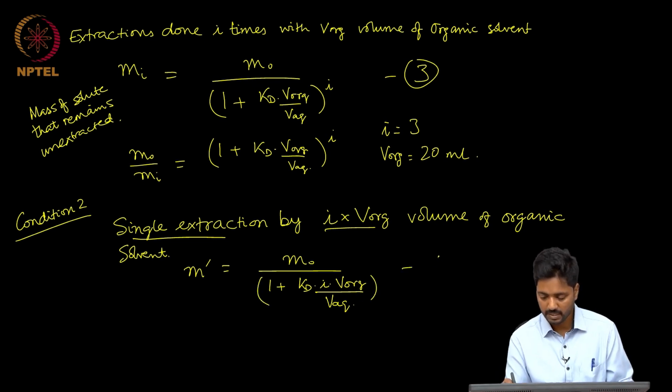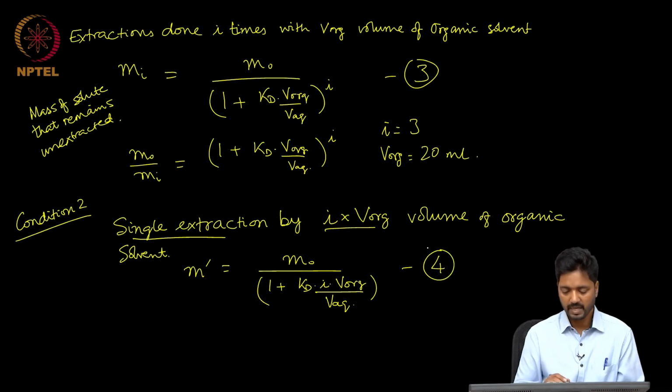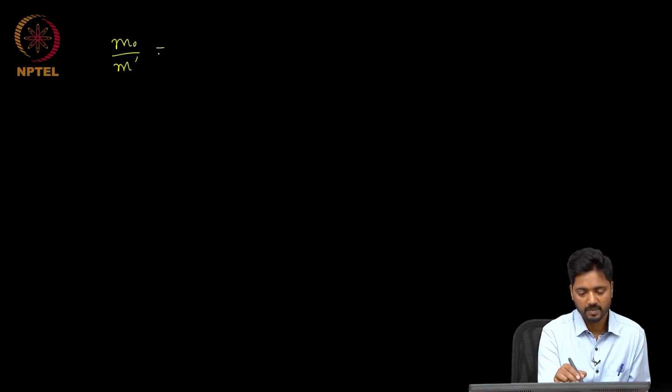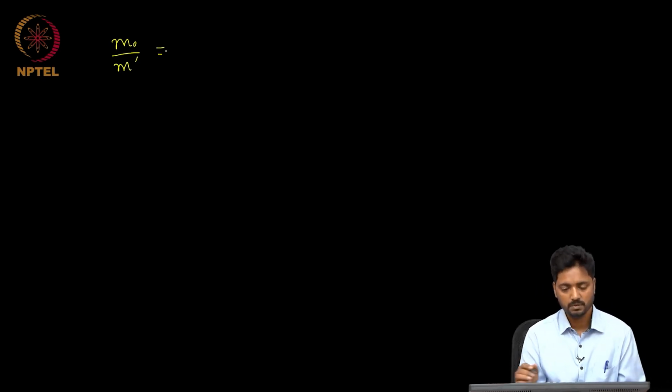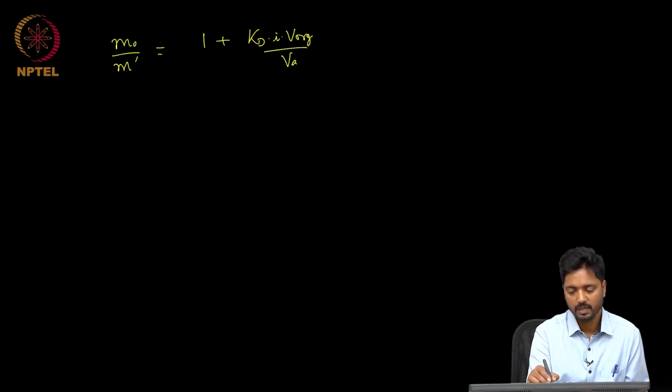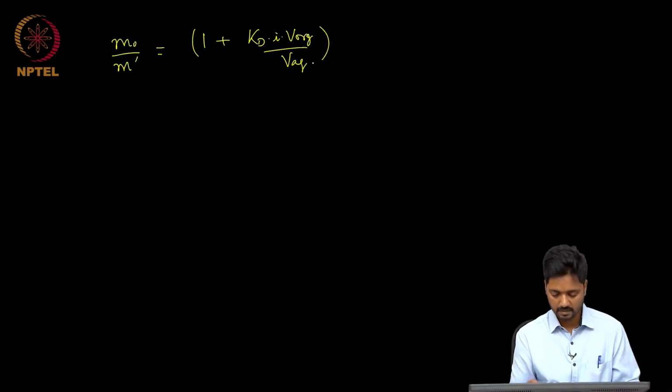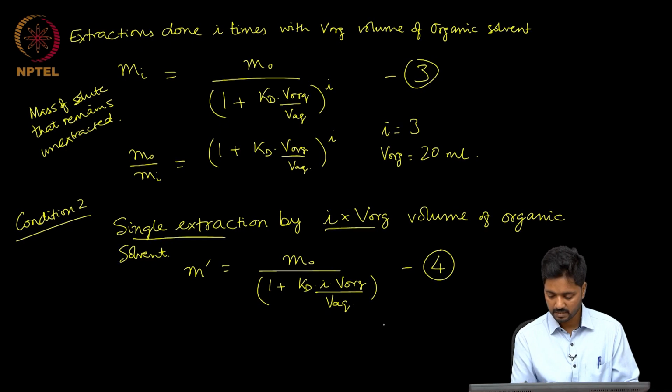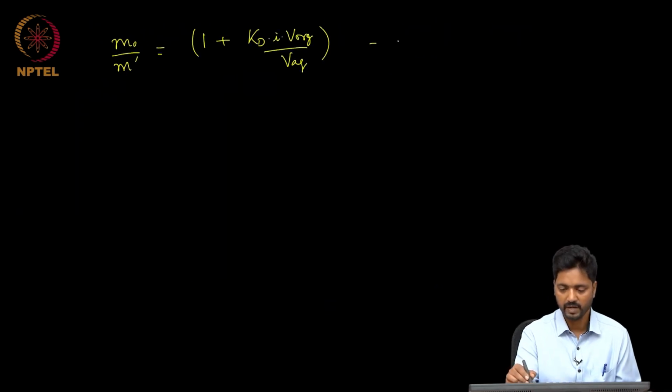Now, this equation 4 can be written as m naught by m dash is equal to 1 plus K_d into I into V org by V aqueous, and this we will consider as equation 5.